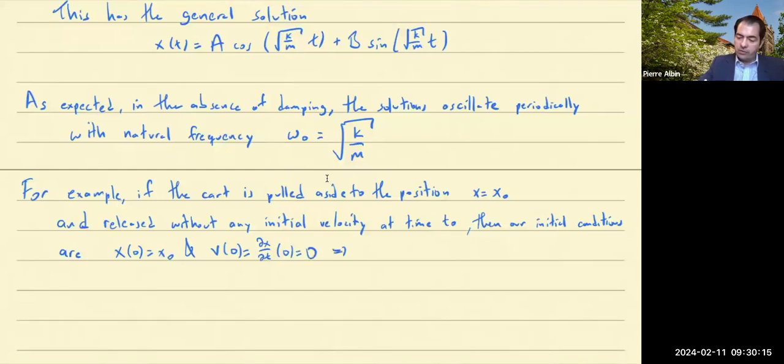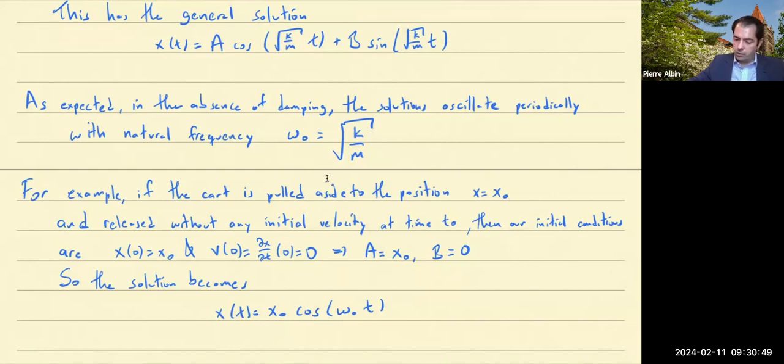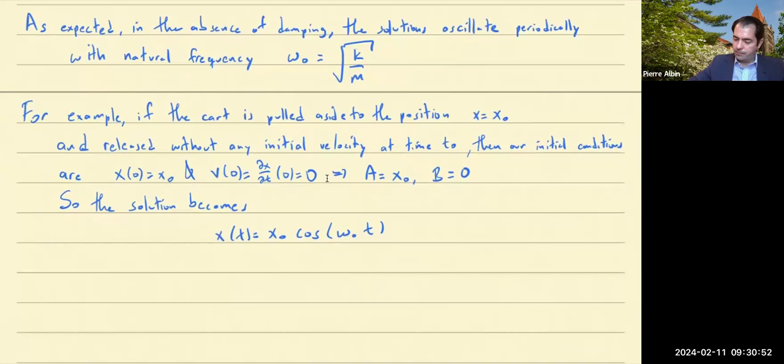So then it's easy to solve here for the constants, and we get a is equal to x naught, b equals 0. So the solution becomes x of t is equal to x naught times cosine of omega naught times t. Right, with omega naught the natural frequency.